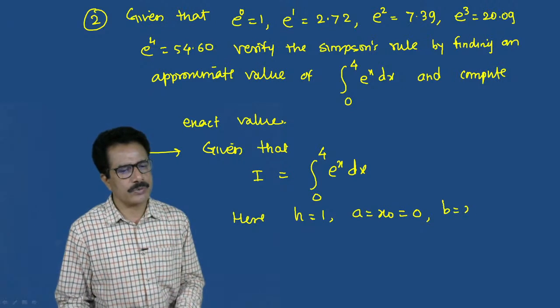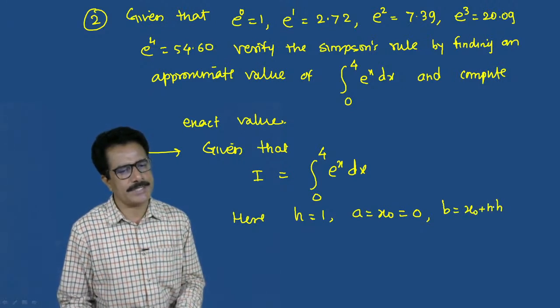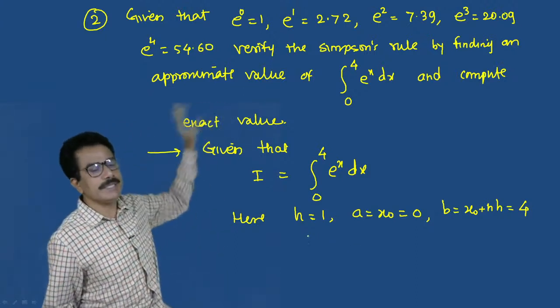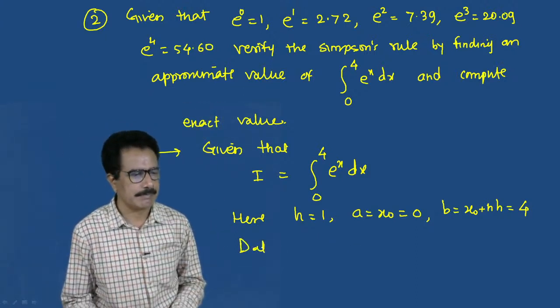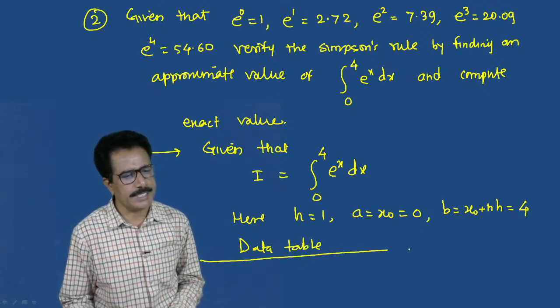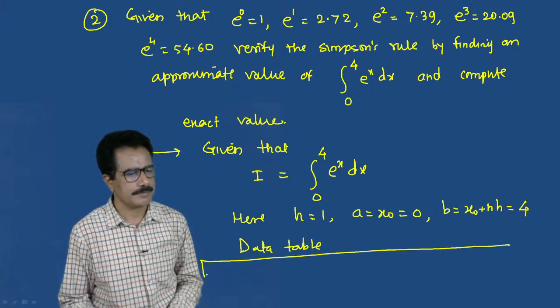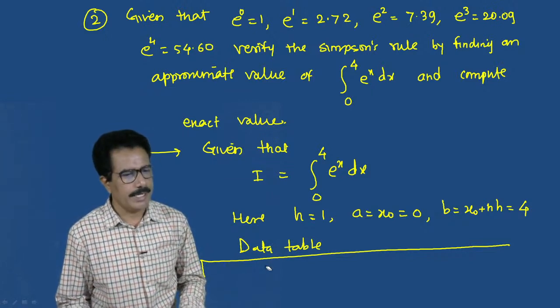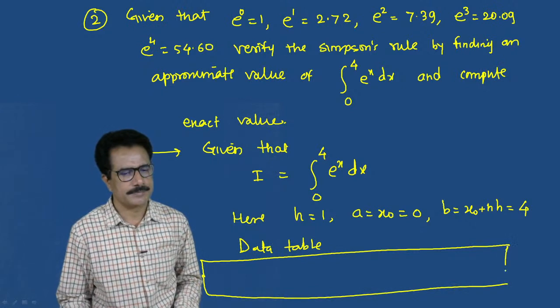B is equals to x0 plus nh, which is equals to 4. Also we have been given the data table. Write the data table here.